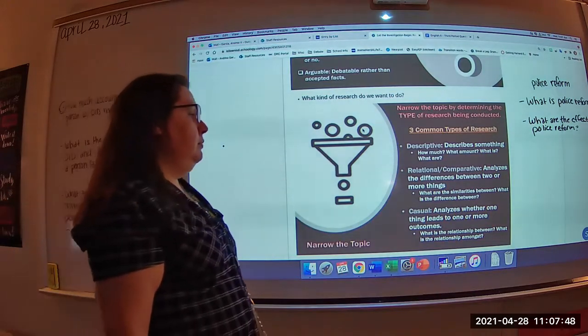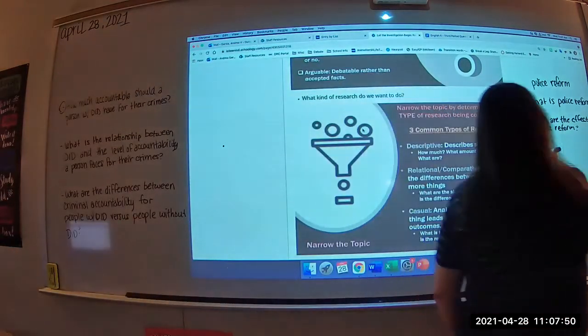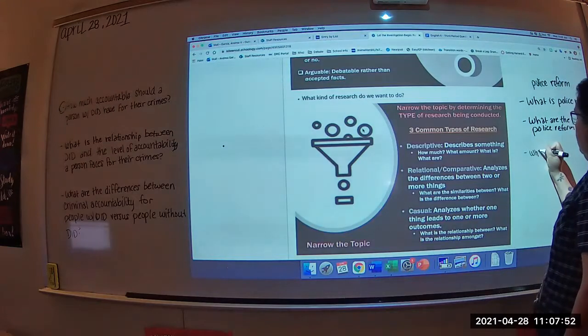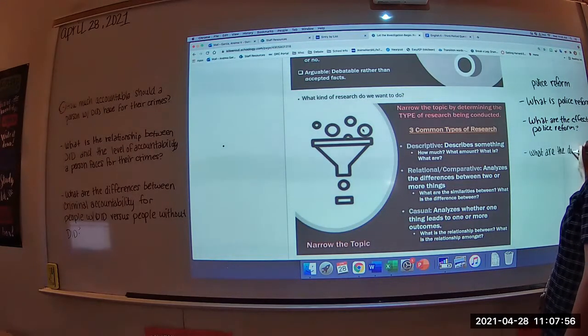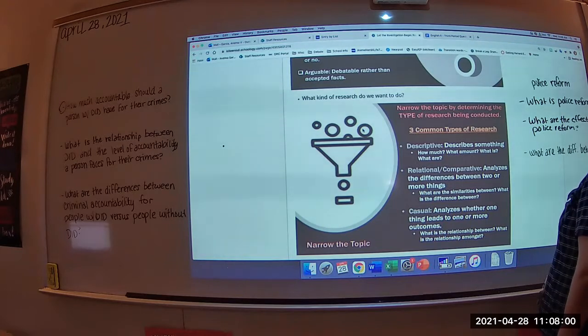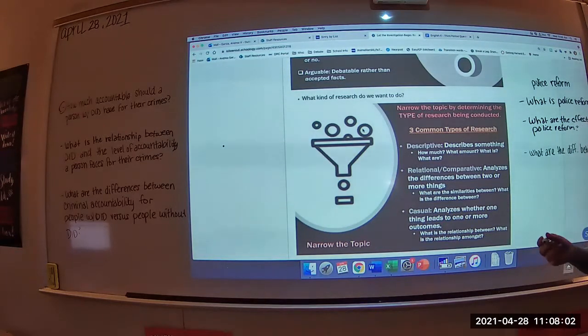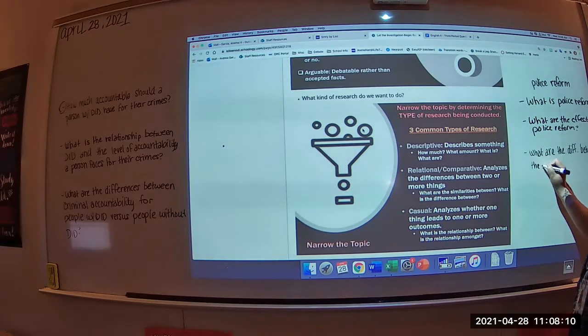What are the differences between police... wasn't there different types of police reform? I'm not really getting down. What are the differences between the different types of police reform?